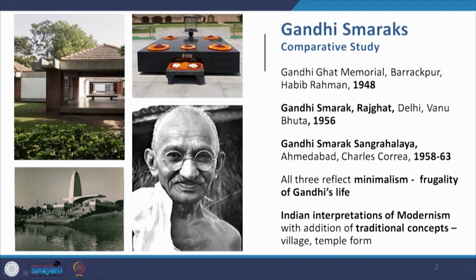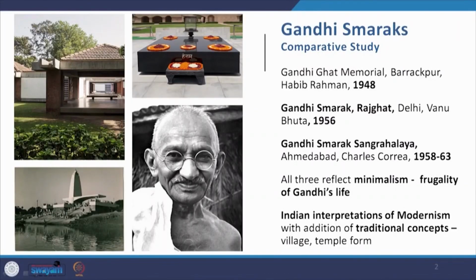All 3 reflected the minimalism, that is the Western modernist ideology, but it was so similar to the frugal lifestyle of Gandhiji and also the lifestyle that he followed. Whereas there was also the addition of Indian interpretations of modernism in these examples, with for example the appearance of the temple form in Barakpur and the appearance of the village concept in the Gandhi Samarak Sangrahalaya.